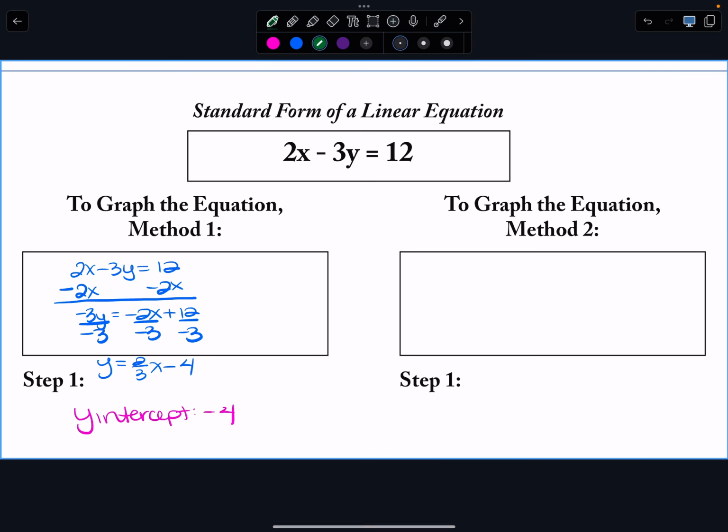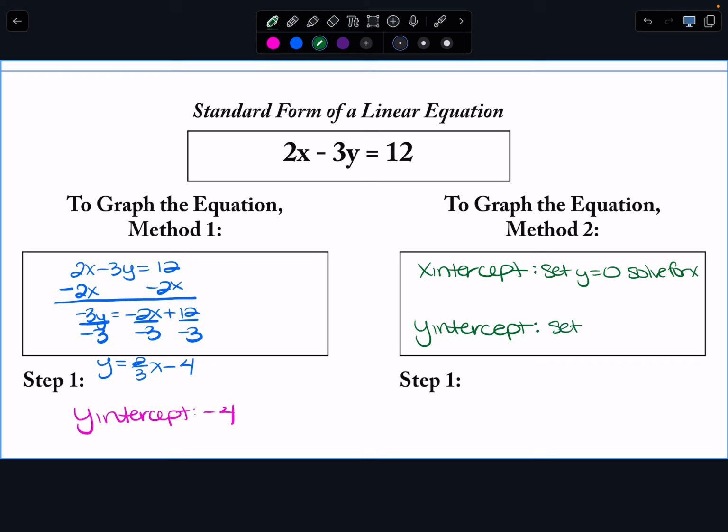So I would have found x and y intercepts, like we did in Unit 3. How do I find an x-intercept? I need to set y equal to 0 and solve for x. How do I find a y-intercept?